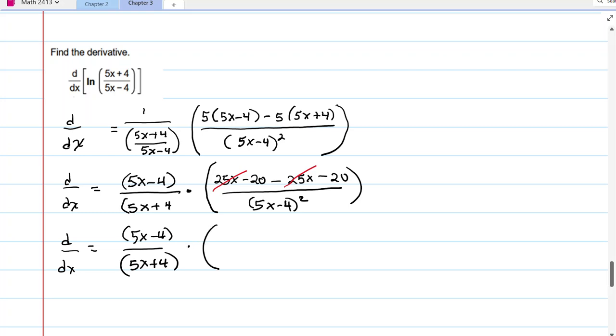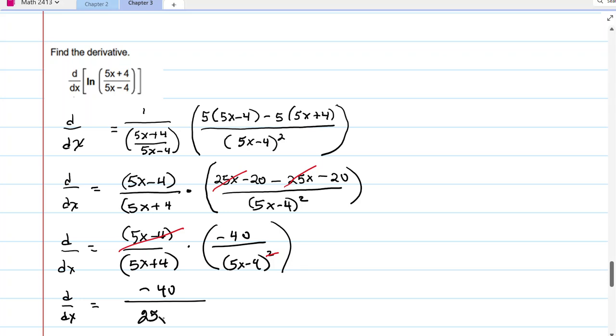I'm going to have a negative 40. That's what I have on the top. 5x minus 4 squared. All right, I'm going to look for common factors. This guy takes care of one of those. And that leaves me with what we want. Negative 40. And this is the difference of perfect squares. So this is going to be 25x squared minus the 16. And we're done.